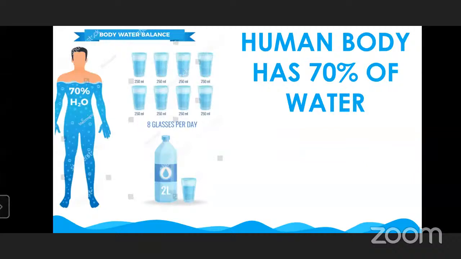See, this is a human body. That slide shows body water balance. The human body has about 70% water. How much? About 70% of water. The human body needs at least 8 glasses of water in a day.